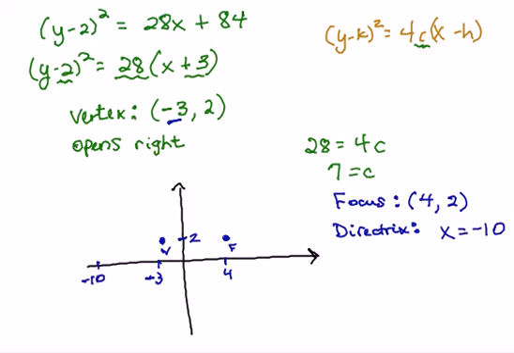I'll label that negative 10. And here's my directrix. And because the focus is so far from the vertex, this is going to be a pretty wide parabola. Maybe something like that, just a sketch. But there's our parabola, from general form to standard form to a graph.